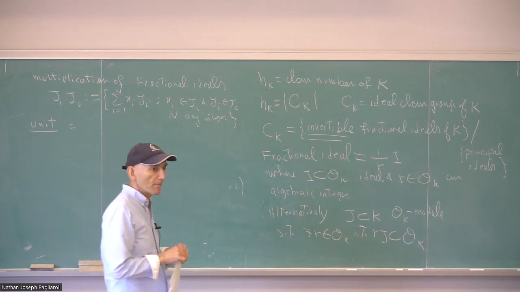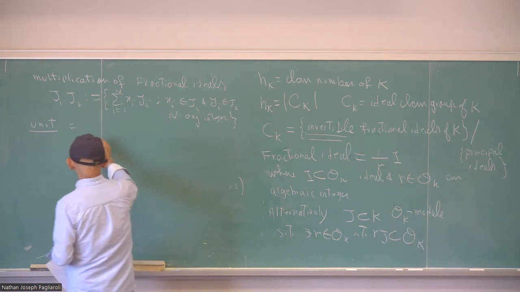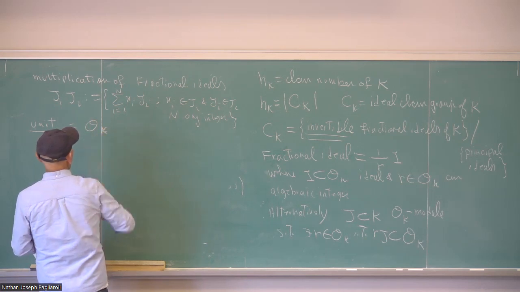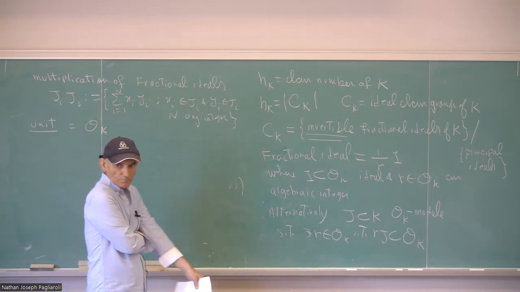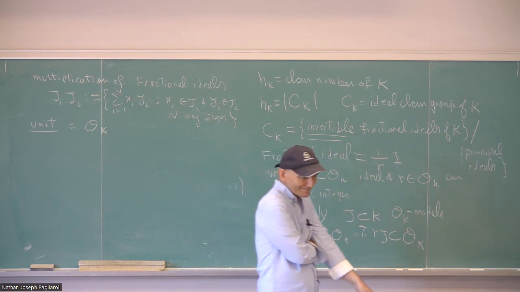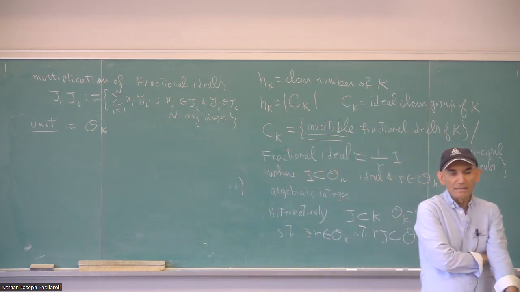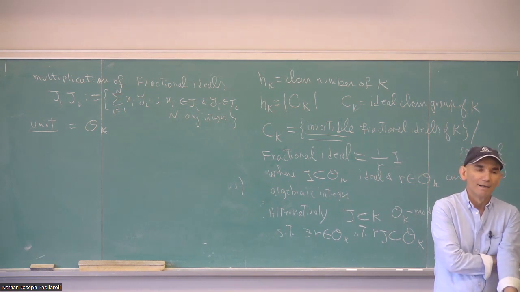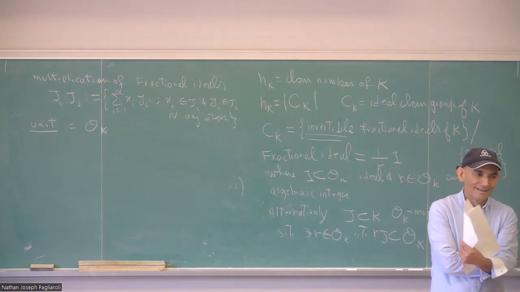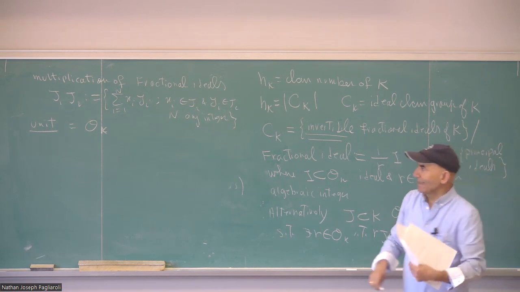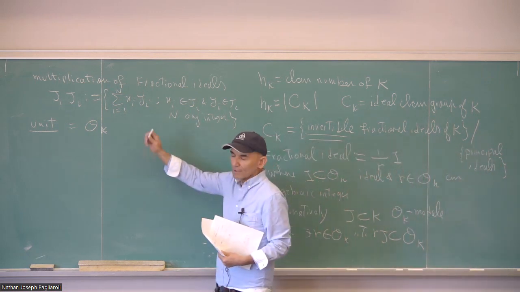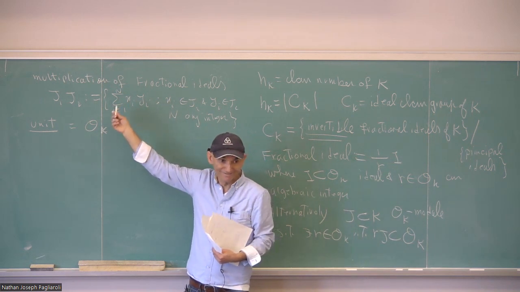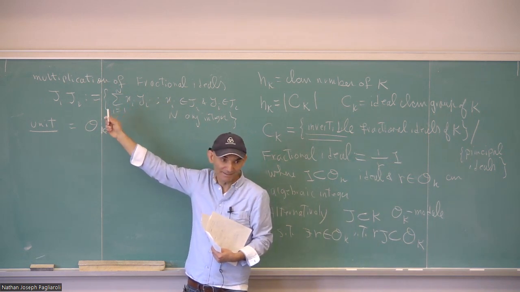It's just O_K. And there is one issue though with this unit. What I'm saying is that with the product, it doesn't form a group yet. There's no inverse necessarily.